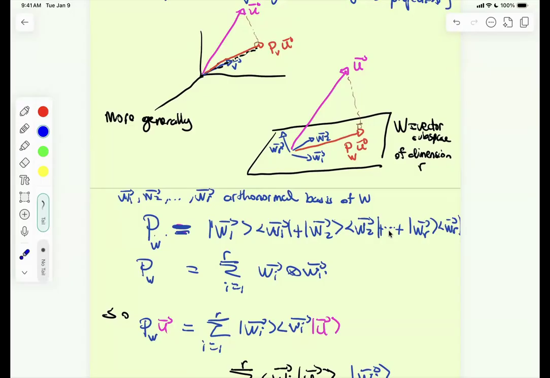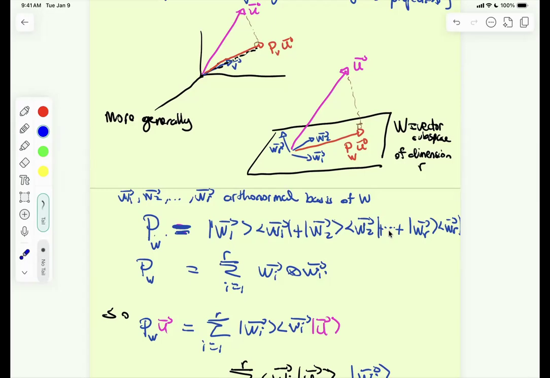And then the idea of the projection being orthogonal is to say that you find it so that this vector has the same dot product as u.